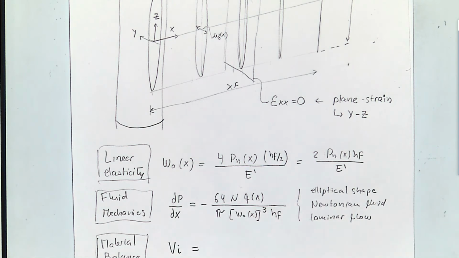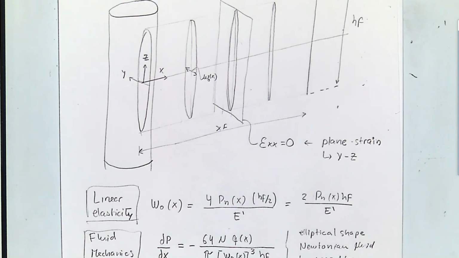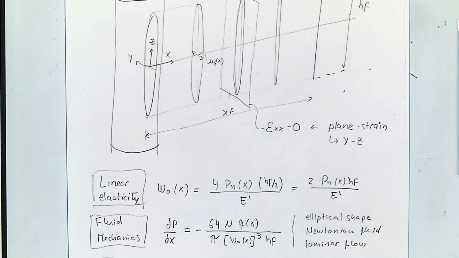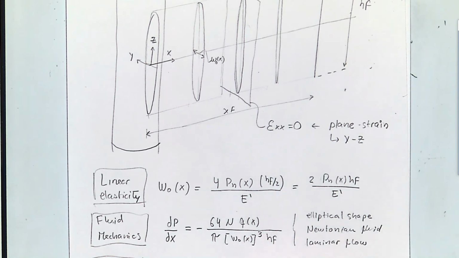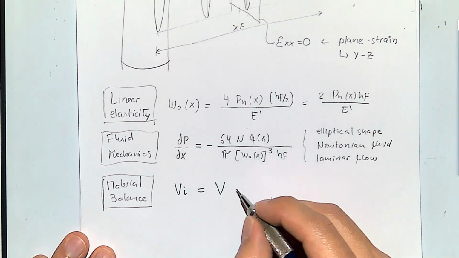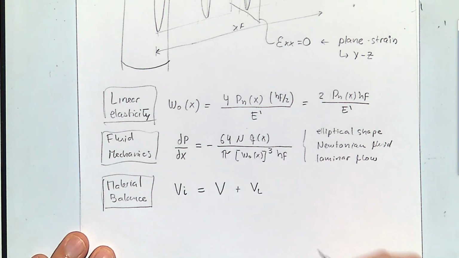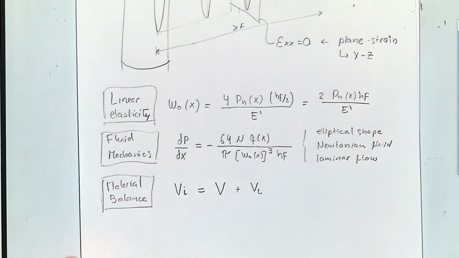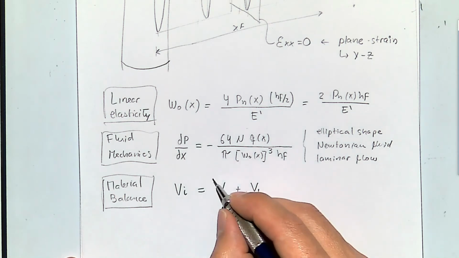Because injected volume, as we inject into the fracture, it can go into the fracture, and we'll call that V, but can also go into the porous medium. So now we're going to also expand this for a short time to consider the leak-off. So this is the leak-off volume. This is what goes in the fracture.